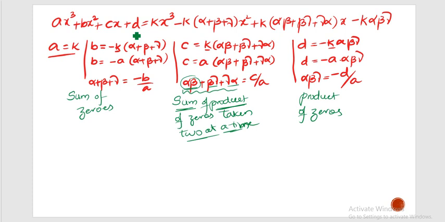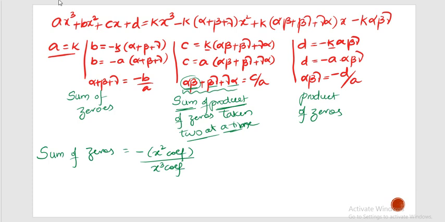So clearly, sum of zeros, from this I can write as minus x square coefficient by, what is the leading coefficient here? It is nothing but the x cube coefficient.